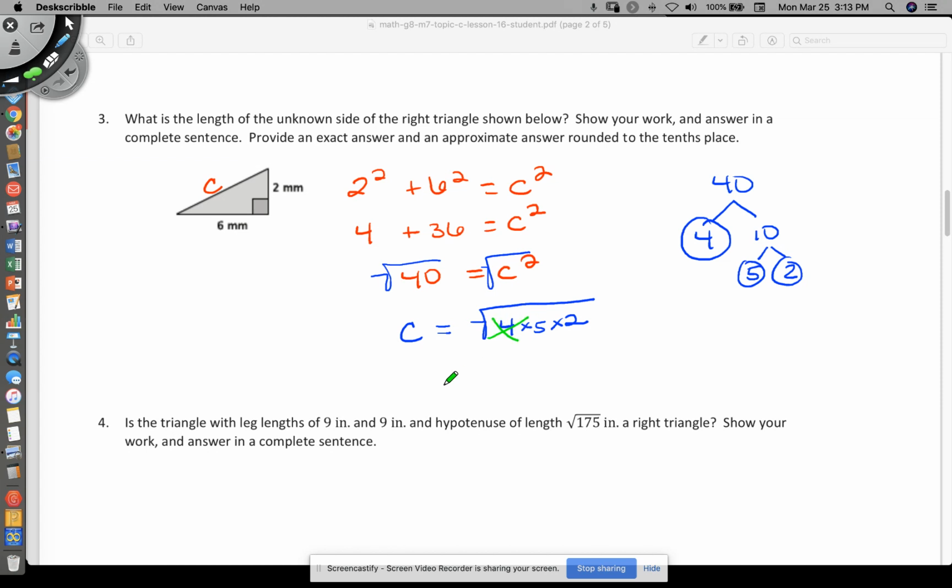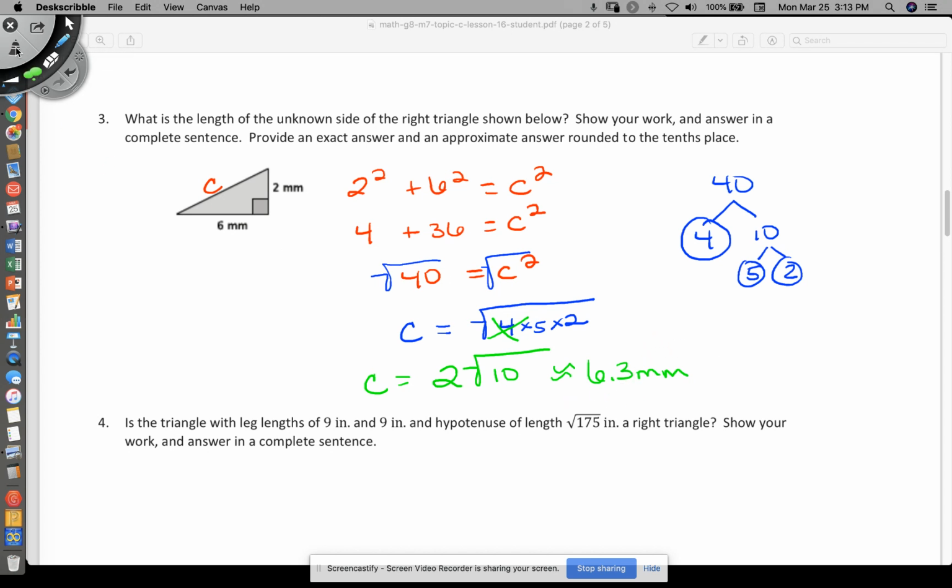I'm going to take that out of there. I'm going to square root the 4 and I get 2. And what's left inside just stays. So 5 times 2 gives me 10. So C is going to equal 2 root 10. Or you can say, if you went ahead and multiplied that out and solved it, you would get 6.3 millimeters.